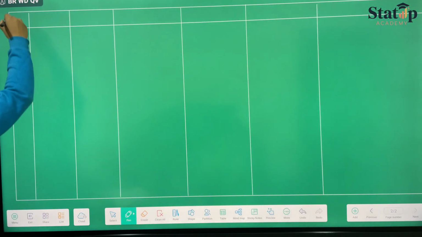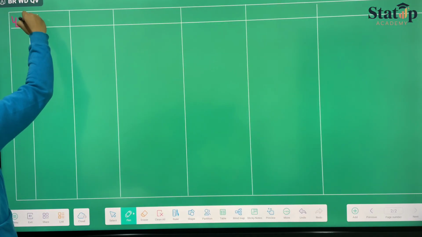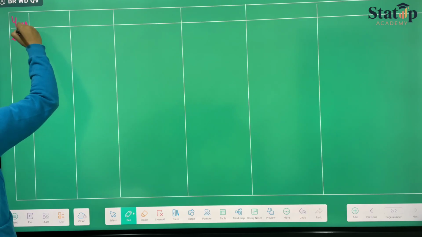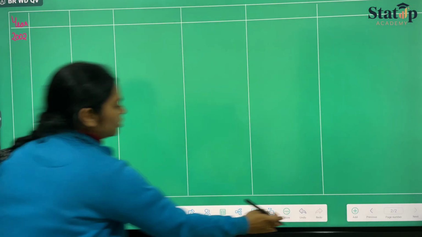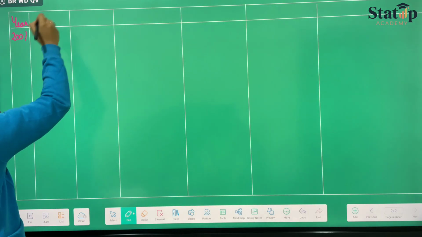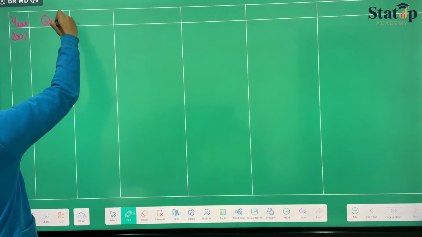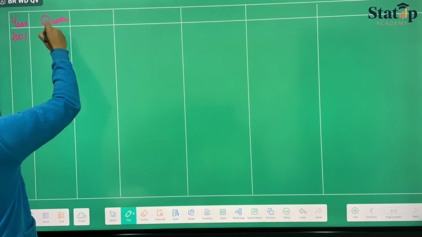So we have been given year 2001, 2002, and quarters, 4 quarters of each year.